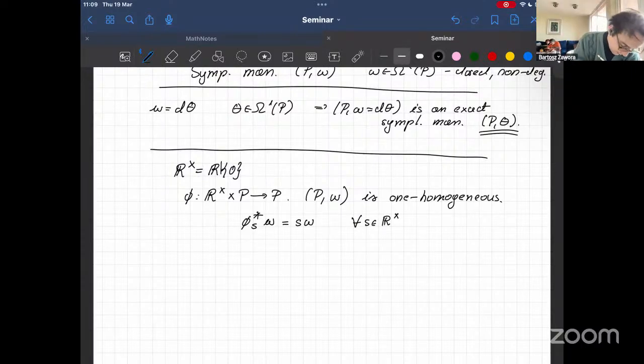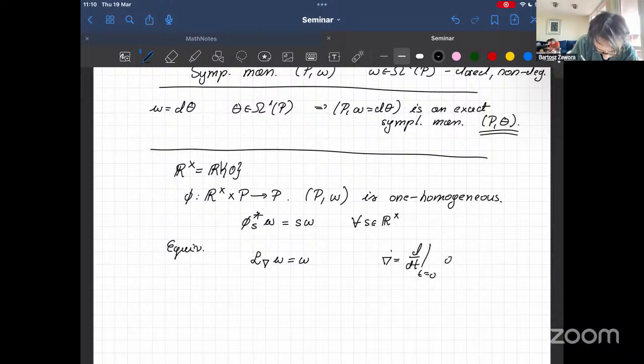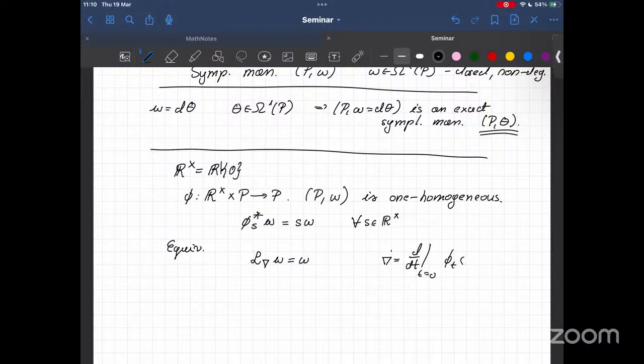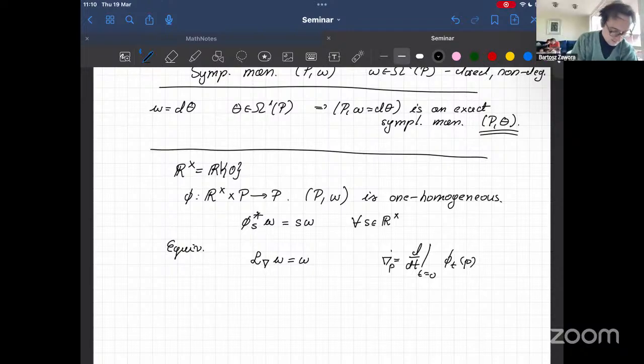Or equivalently, it can be written that the Lie derivative of ω with respect to the fundamental vector field of this action, the Liouville vector field, equals ω, where this is the fundamental vector field of this multiplicative Lie group action.